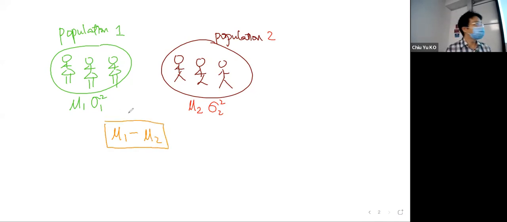Suppose you're in a marketing department. We know men and women may have different favorite types of programs on Netflix. Maybe women like to watch romantic movies more than men, and men like to watch violent or scientific movies. I don't watch Netflix very often, and that's my stereotype, maybe I'm wrong.